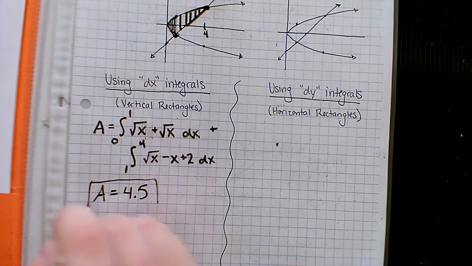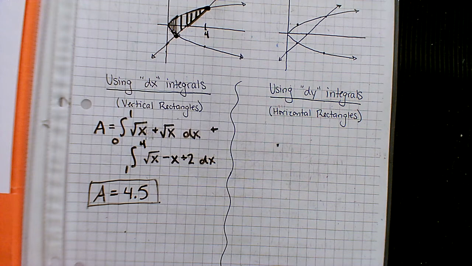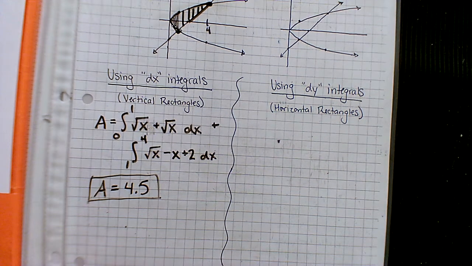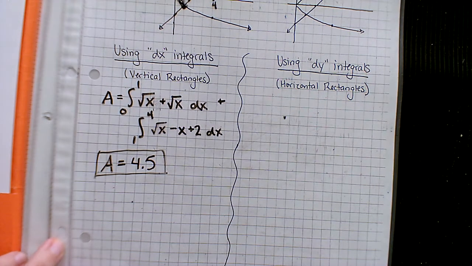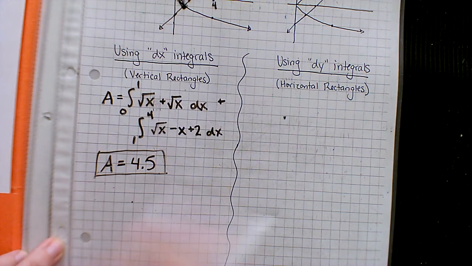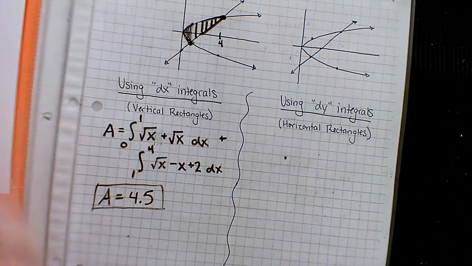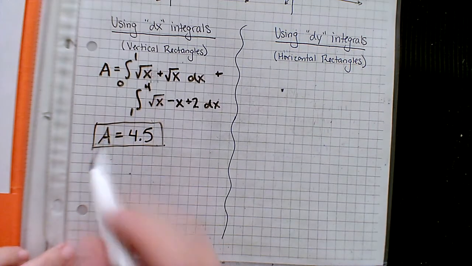I got 4.5. Does that sound right? All right, so what I want to do is just take some notes on when we can use an x-axis measurement, aka we're using a dx integral because that's what's written on the end.